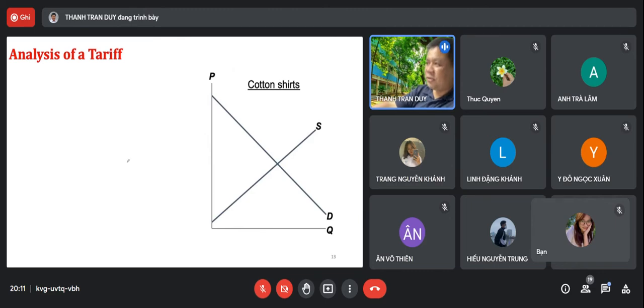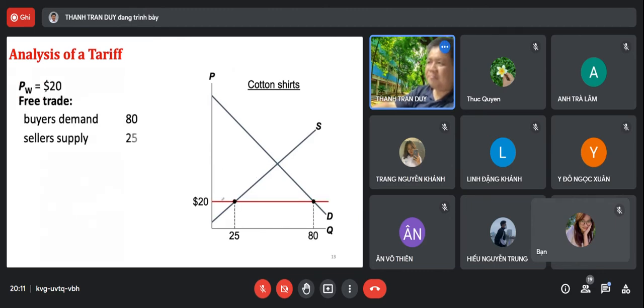Let's take this one. Suppose this is the local market and we have the world price of $20. Under free trade, domestic consumption will be 80, and local producers sell only 25. And we have to import a lot, 55. So if the government imposes an import tax, this tariff only affects the imported item.